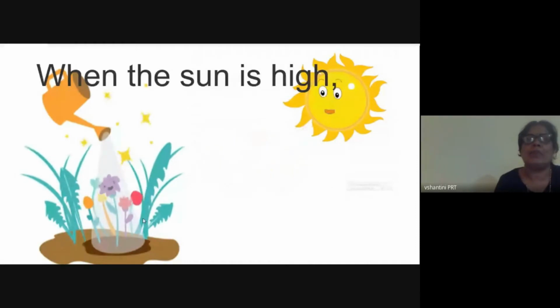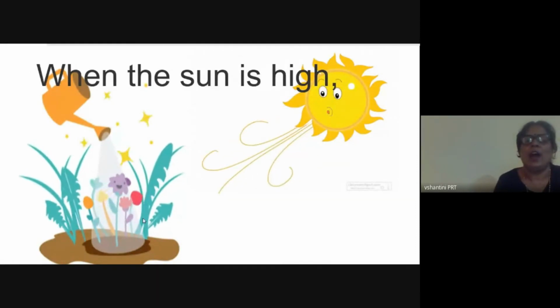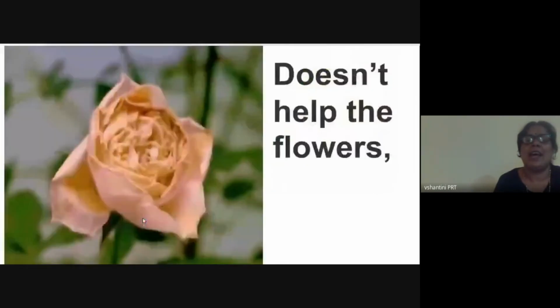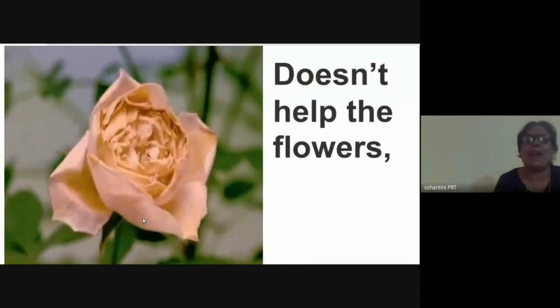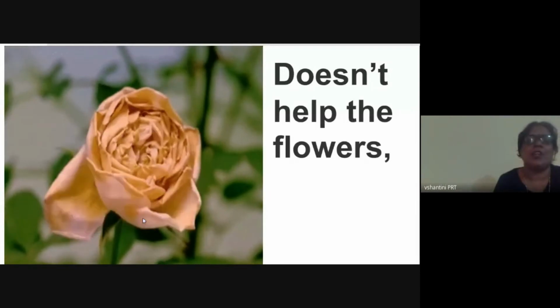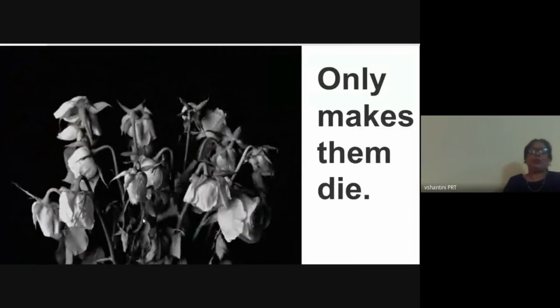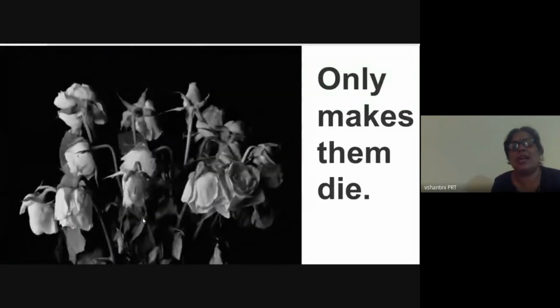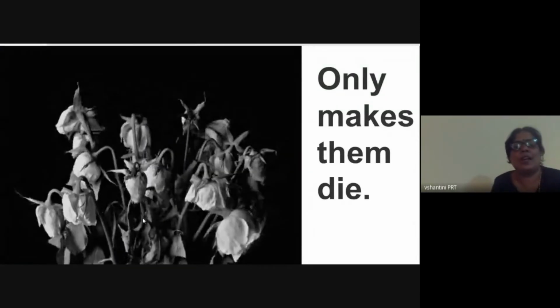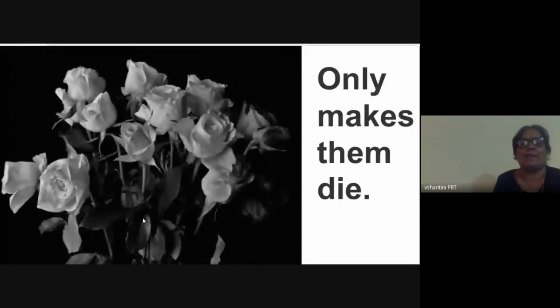Mornings and evenings, it will be cool. Afternoons, it will be too hot. So when the sun is high, it doesn't help the flowers stay fresh. What happens to the flowers? Watering the plants at noontime will make them die.